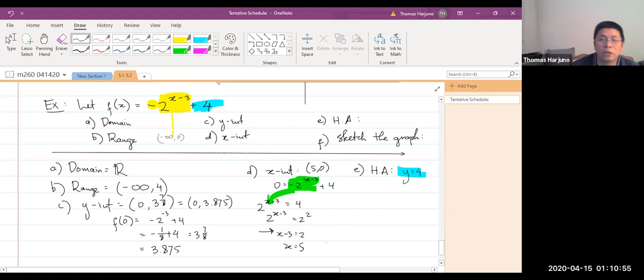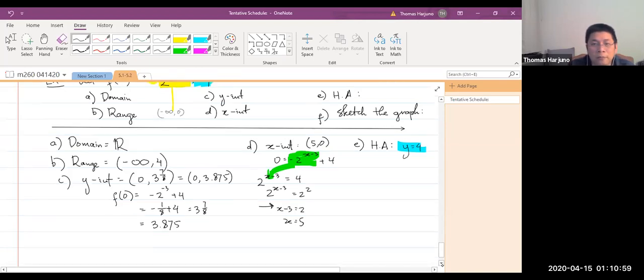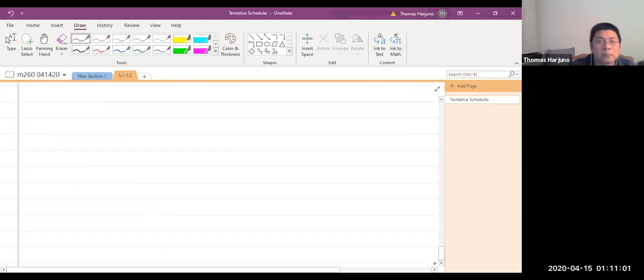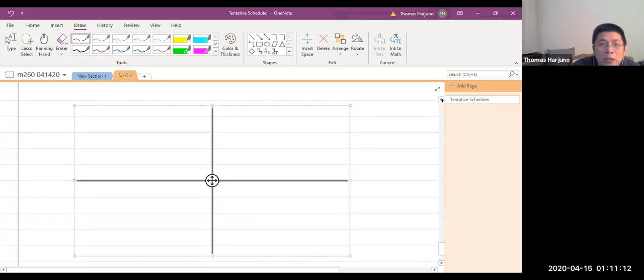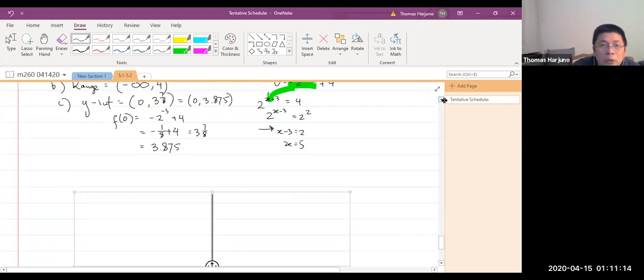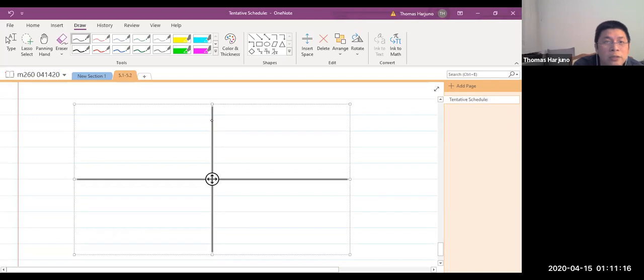Okay, now using that information, let me sketch the graph. Horizontal asymptote first, y equals 4.